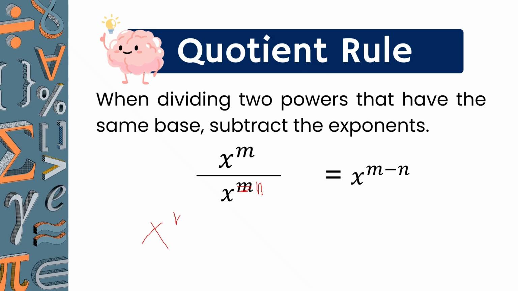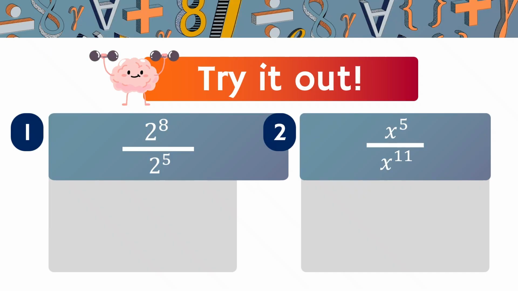So our exponents are m and n. And we will have x raised to m minus n. Remember, copy the base and subtract the exponents.